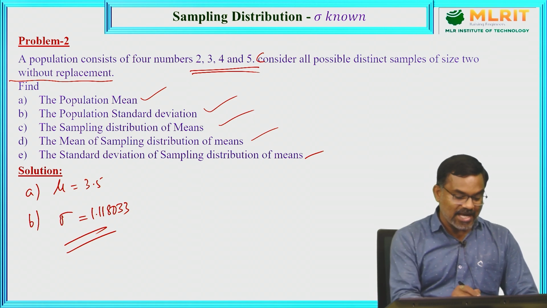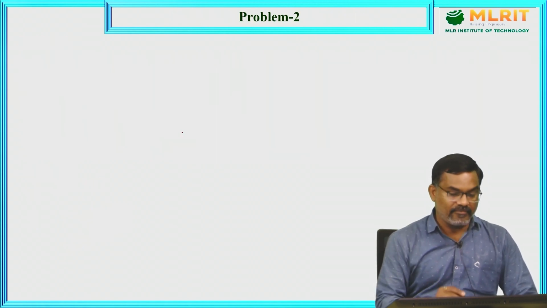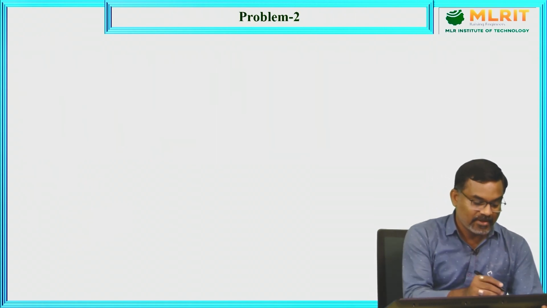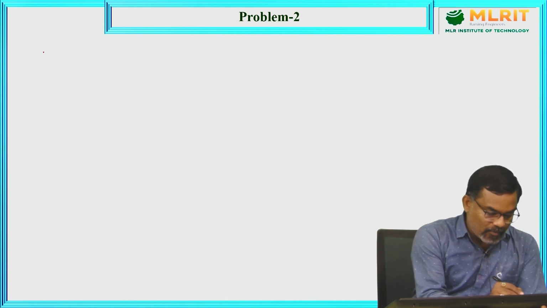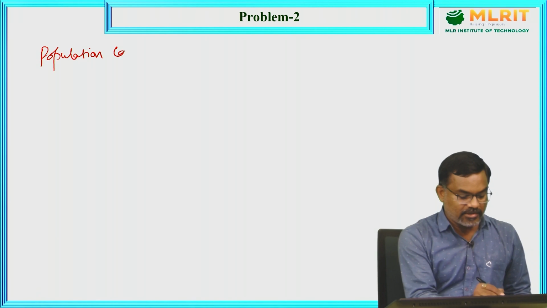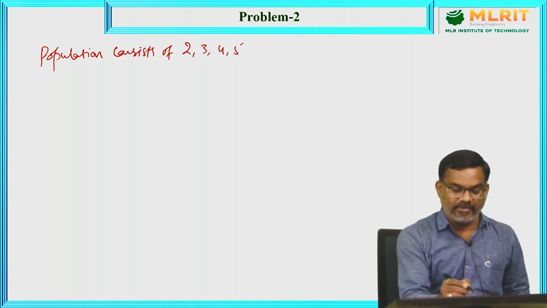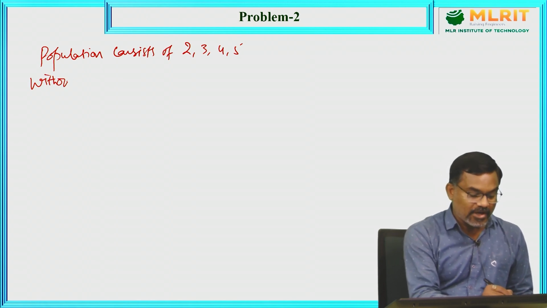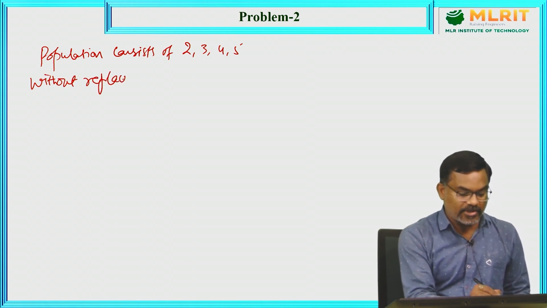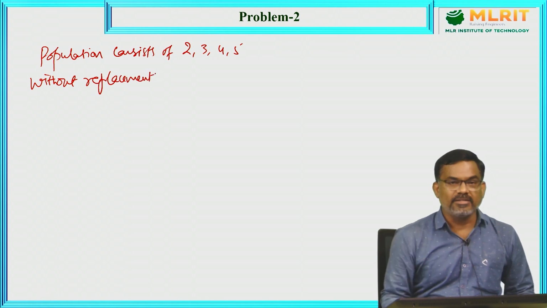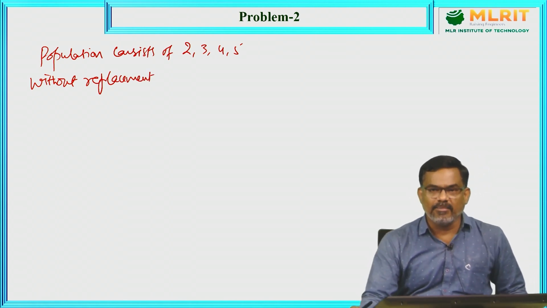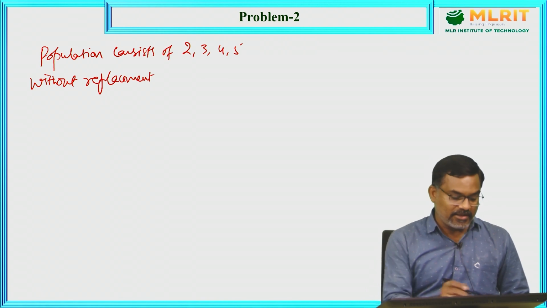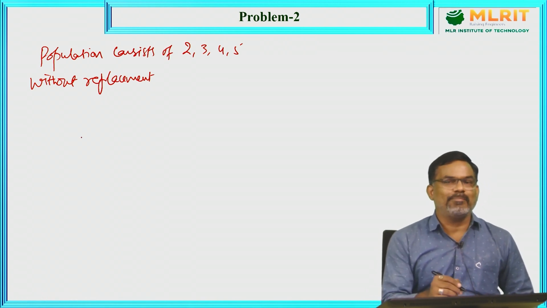These two are common for both problems. Now coming to the sampling distribution of means without replacement. The population consists of 2, 3, 4, 5 and the sampling is done without replacement. That means when I select an element from the population, I am not replacing it back.